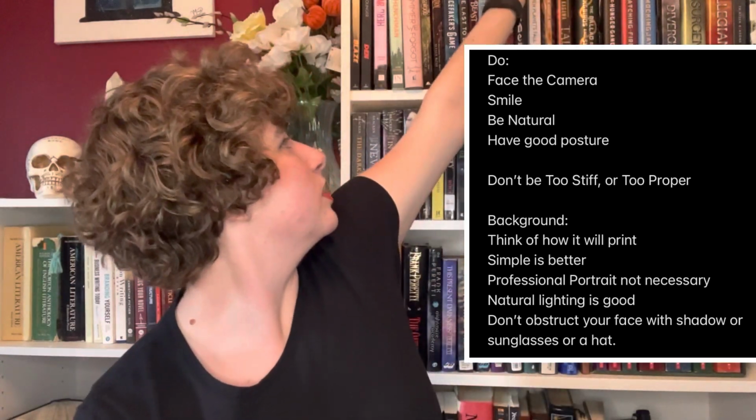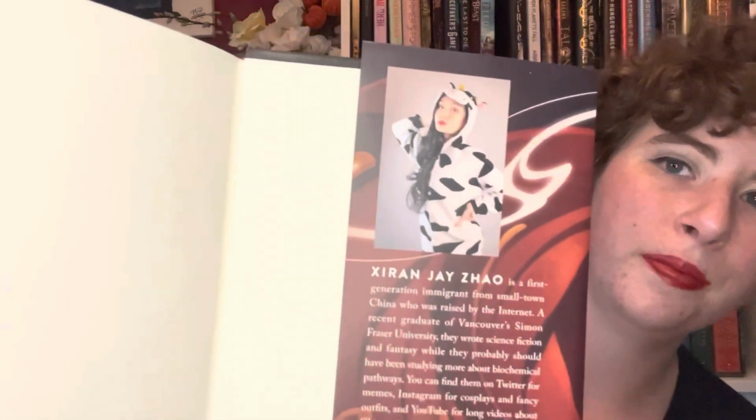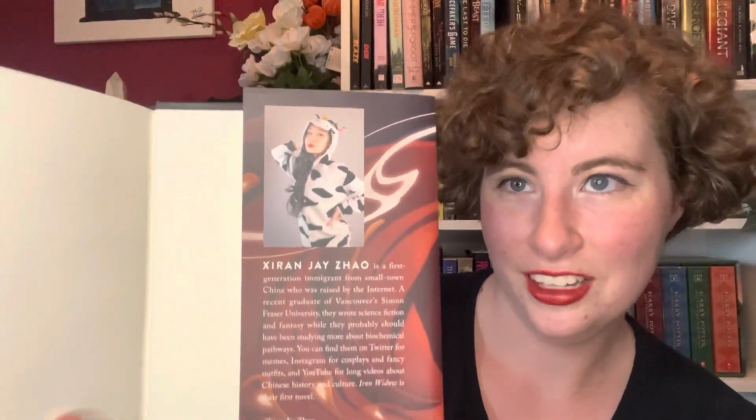Let's look at this one. I don't know if you're on TikTok, but if you are, you probably know of the Iron Widow. This author photo actually is kind of a unique one, because the author, and I don't know how to pronounce their name, made a promise to their friends that when they got published, they would submit an author photo in a cow suit, in a cow onesie.